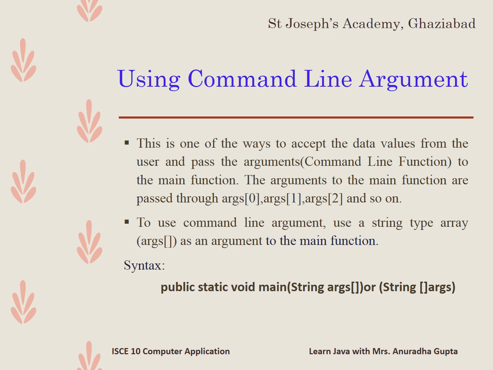The arguments to the main function are passed through args[0], args[1], args[2] and so on. To use command line arguments, use a String type array which is args. This square bracket is a sign of an array as an argument to the main function.